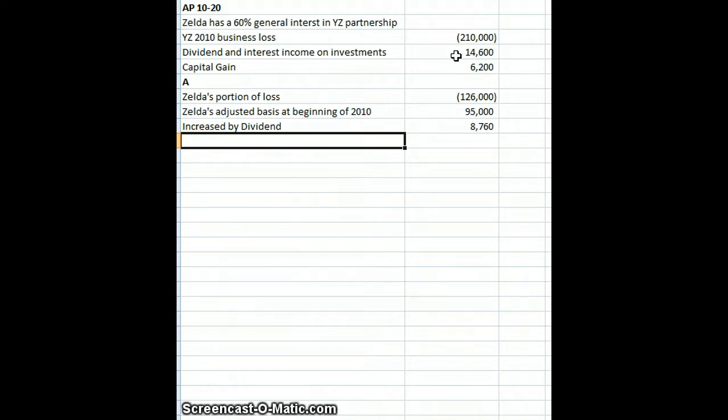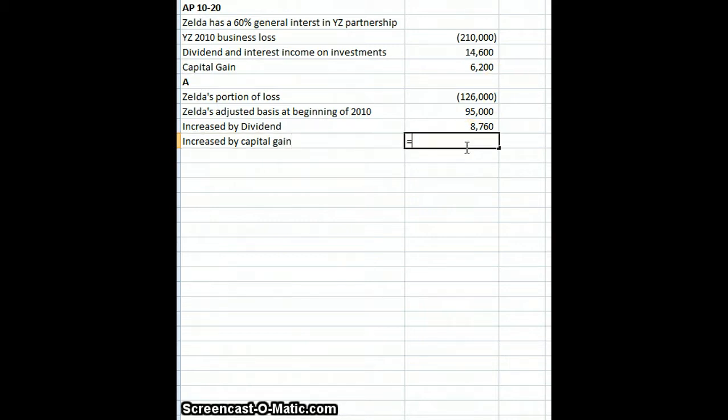And then we are also going to increase it by her capital gain. So we're going to do the same thing. We're going to take 60% of that $6,200 capital gain, so $3,720 is going to increase her basis in the partnership. So we add those two items to our $95,000.